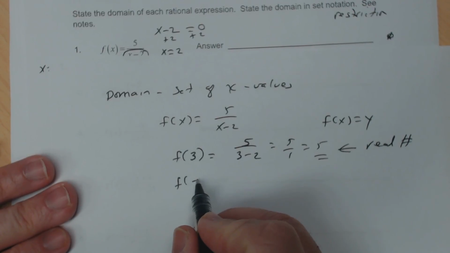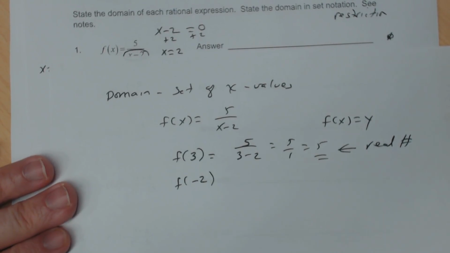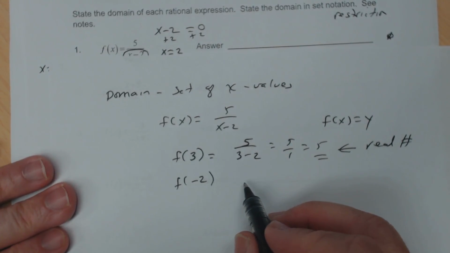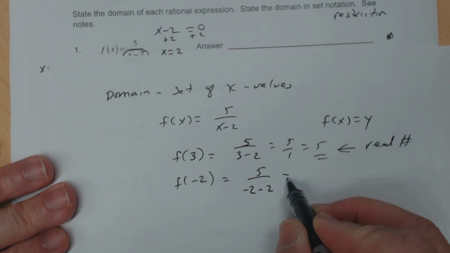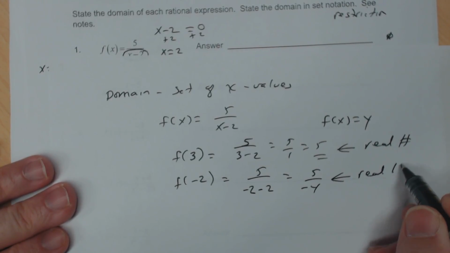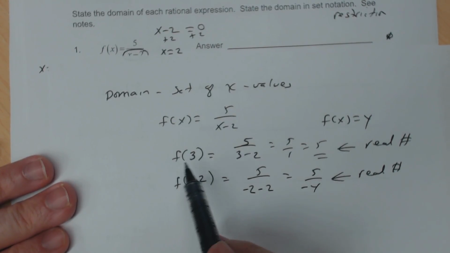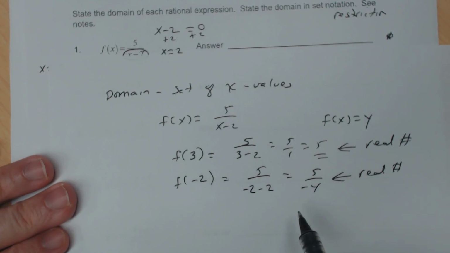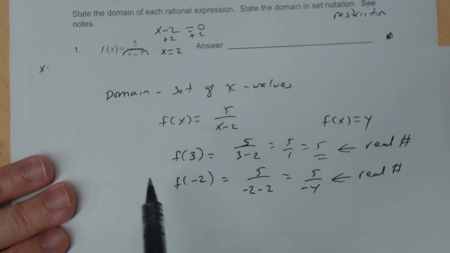If you plug in, let's say, negative 2 for x, I get 5 divided by negative 2 subtract 2, which is 5 divided by negative 4. So this is also a real number. No matter what I plug into x, I'm going to get a real number except when x is 2.